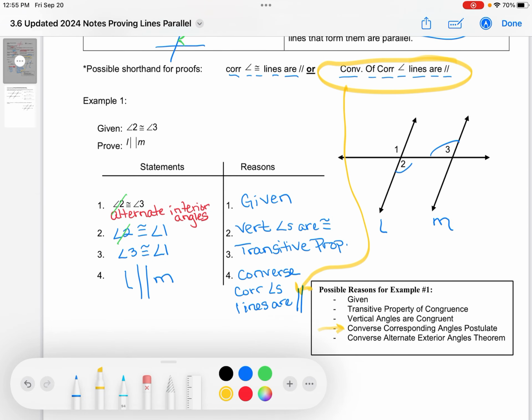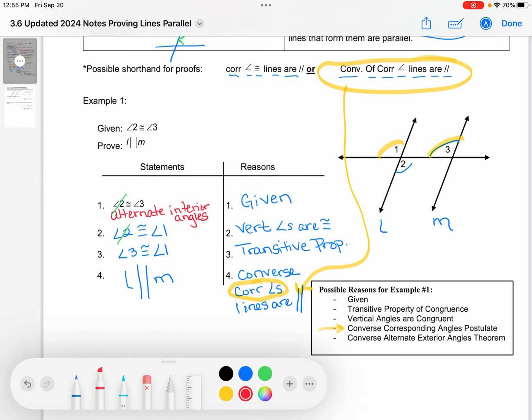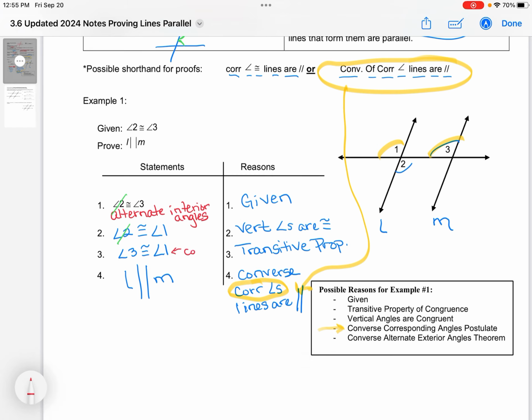So when it says corresponding angles, 1 and 3 are the corresponding angles. The reason we started talking about corresponding angles is because 1 and 3 are corresponding angles. I knew there was something I forgot right there.